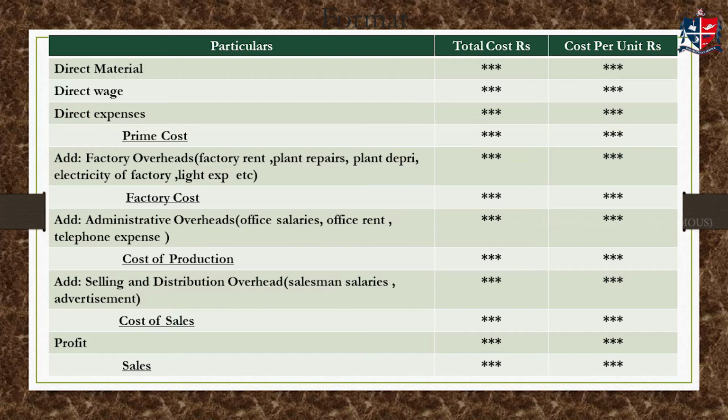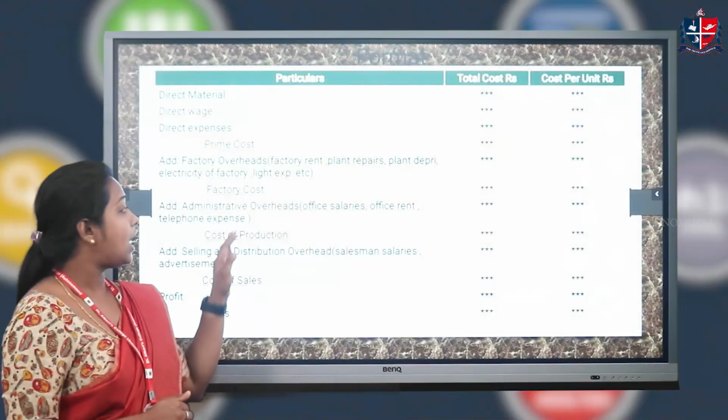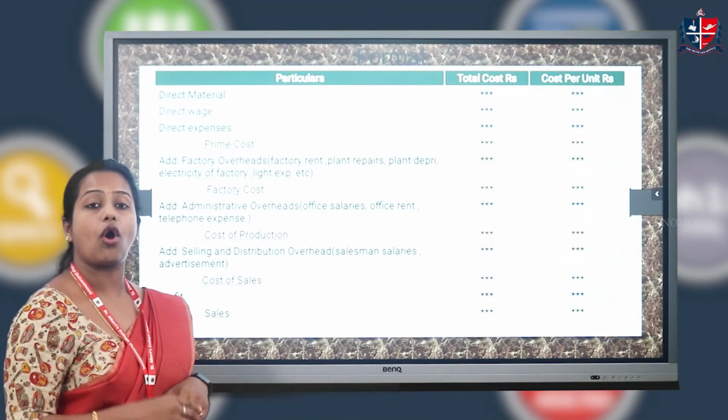After that, you need to add this factory overhead to the prime cost. We get the factory cost. Next, you need to find the cost of production. To find the cost of production, you need to add the administration overhead, or office overheads.